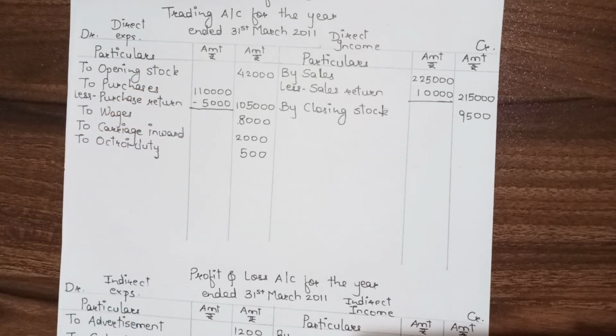But I will tell you where the two effects will appear. The first effect will be in the trading account credit side and the second effect will be on the asset side of the balance sheet. Since we have not drawn the balance sheet, we will drop the second effect. The first effect is done.